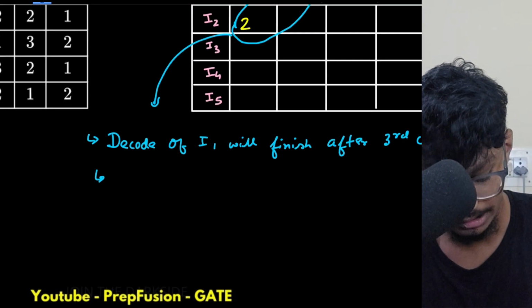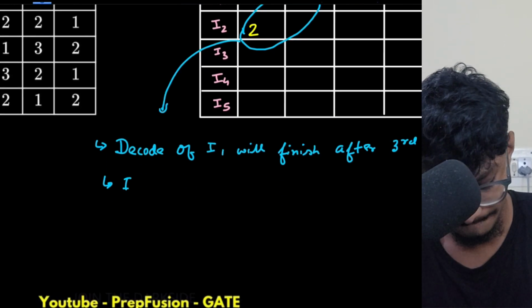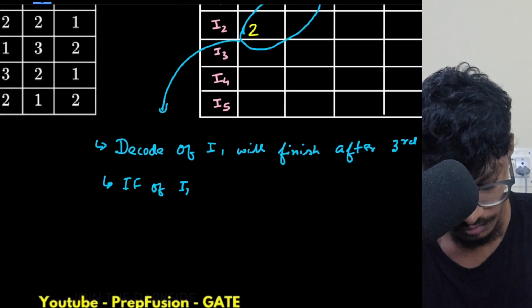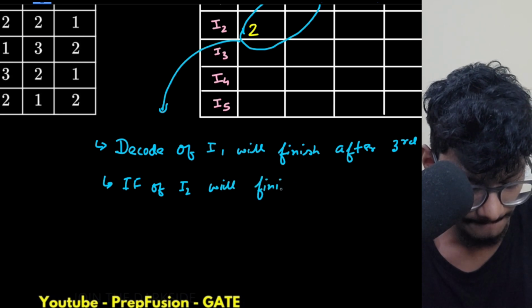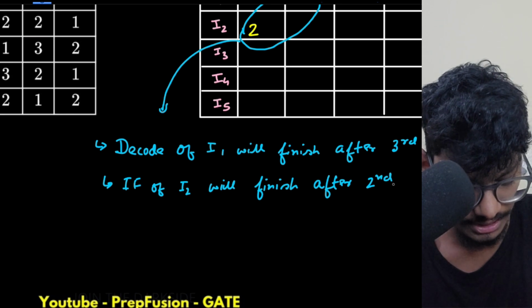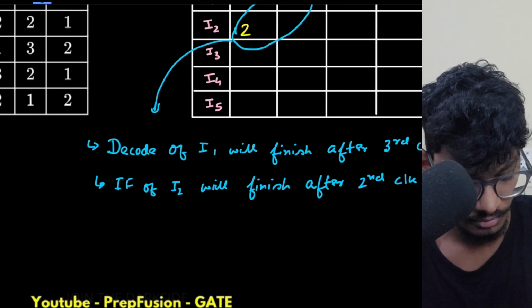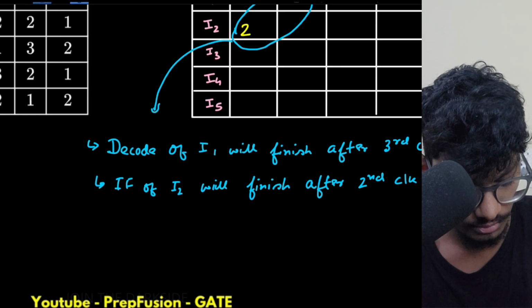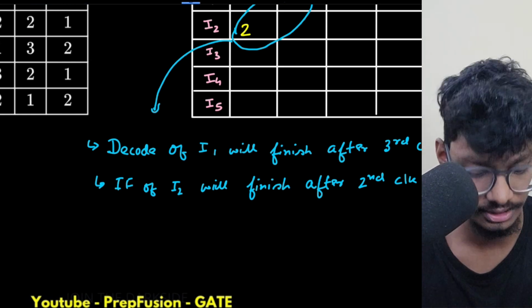The second point is that the IF, that is the instruction fetch of I2, will finish after the second clock cycle. Now tell me one thing.